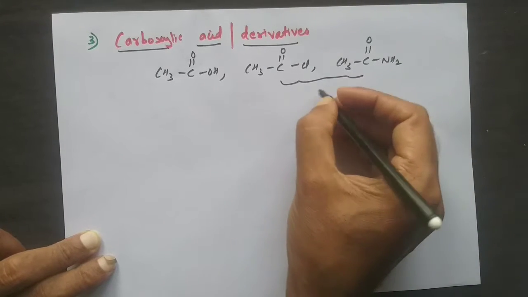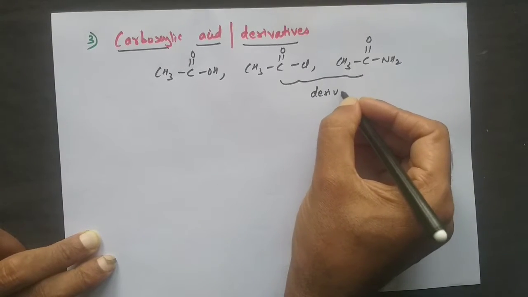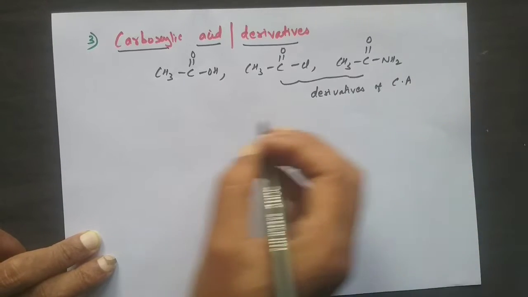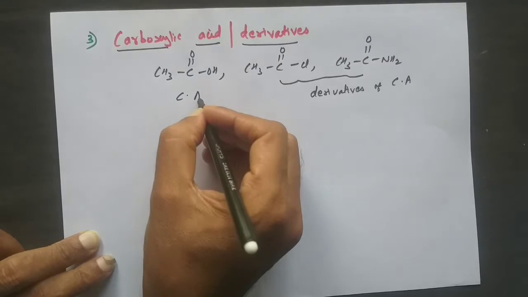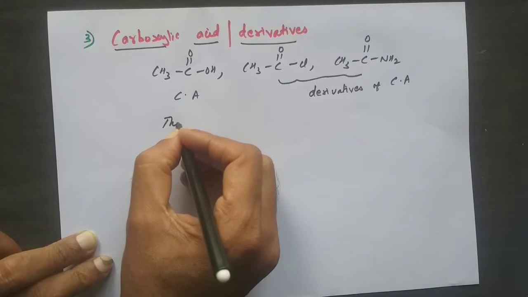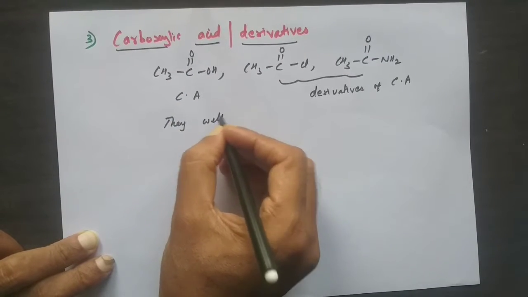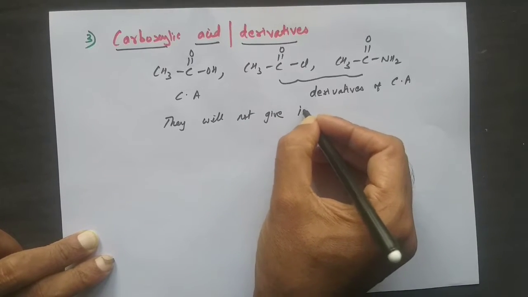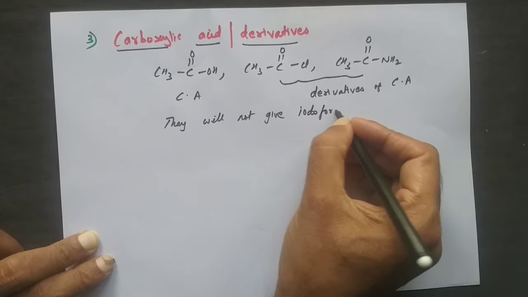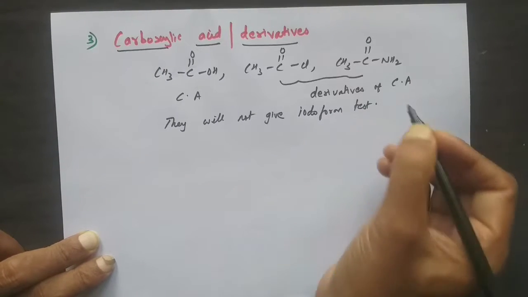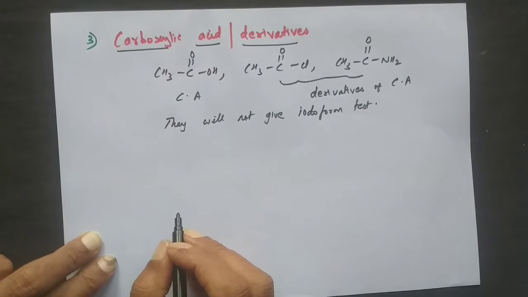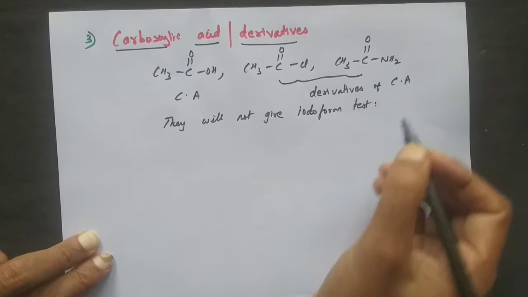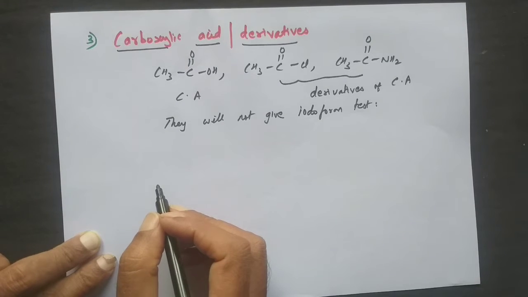So they are all derivatives of carboxylic acid. Whether the carboxylic acid or the derivatives, they will not give the iodoform test. That will be made clear in the mechanism part, why the carboxylic acids and their derivatives do not give the iodoform test. So these three points you have to remember.